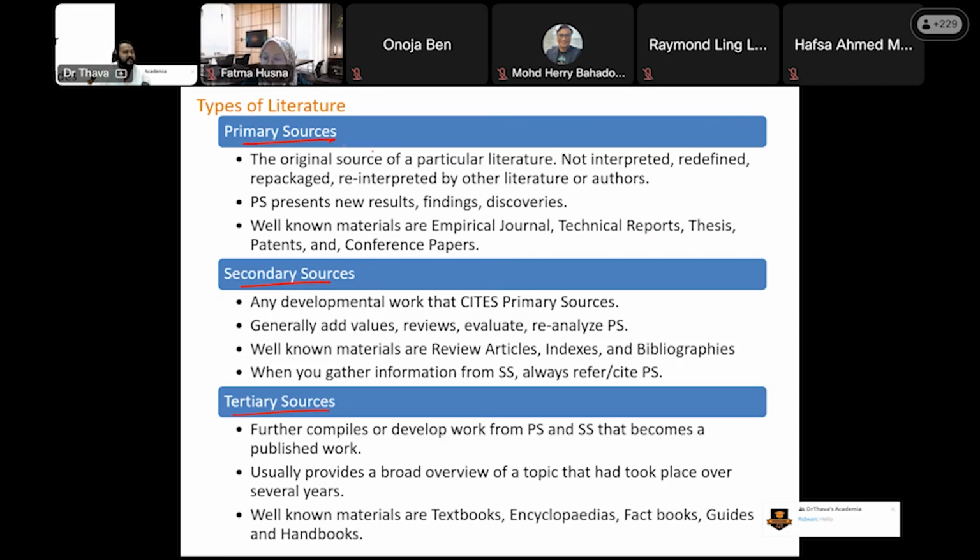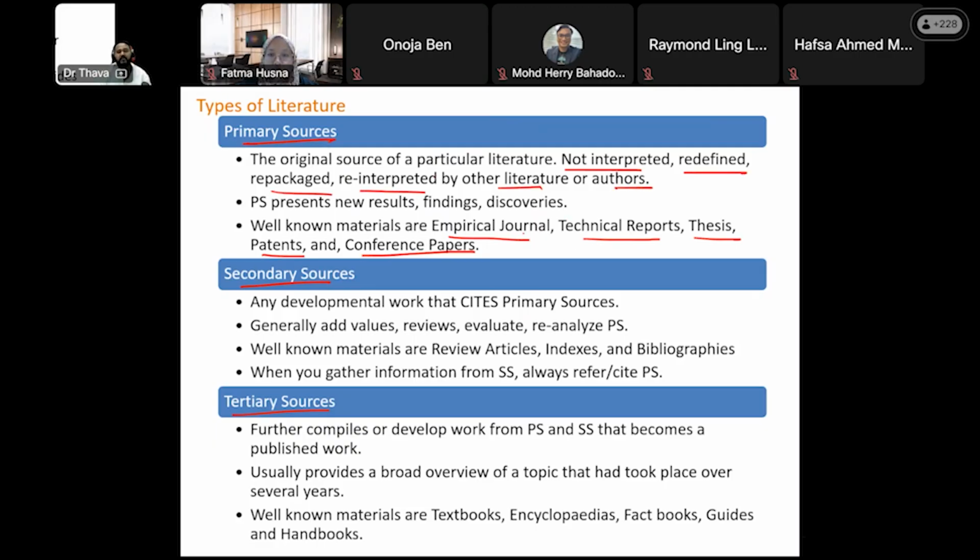Anyway, back to this. So literature, you have three different categories. Primary sources are mostly your empirical journals, technical reports, theses, patents, conference papers. These are all primary sources. That means the literature is not interpreted, not redefined, not repackaged, not reinterpreted by other literature or authors.